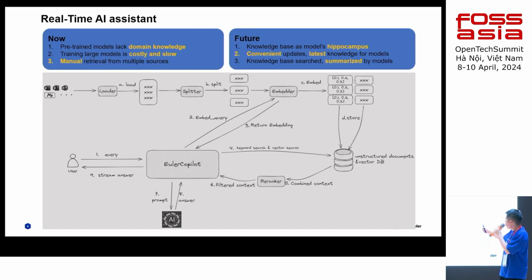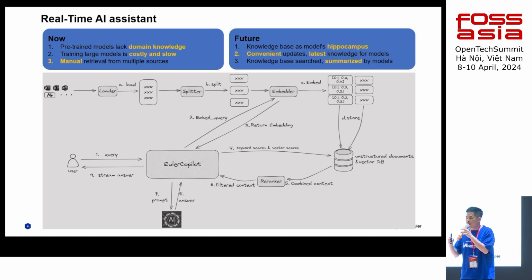Then we will use a re-ranker model to get the most related document chunks and construct the prompt for our AI model. And the AI model will generate the query-related answer to our user.